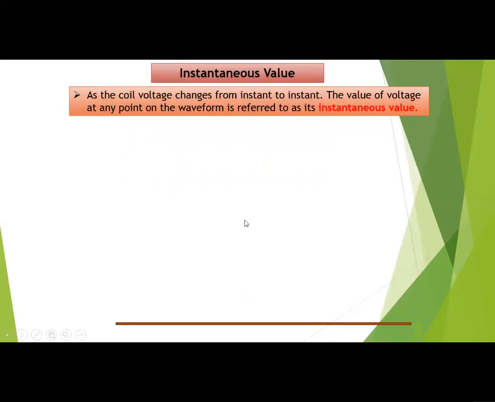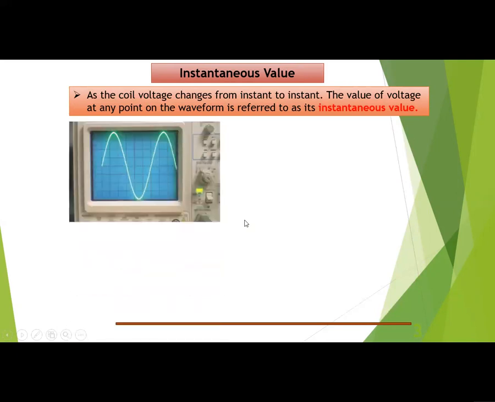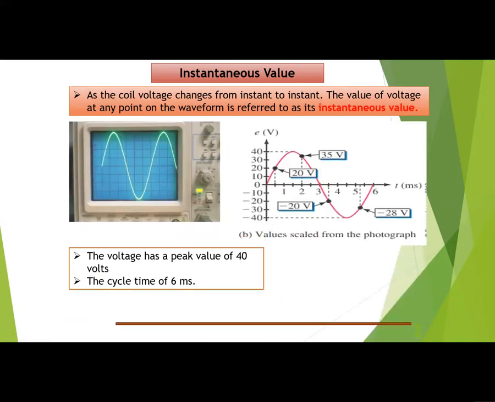Let's discuss instantaneous values in this sinusoidal waveform at a particular instant. It varies from time to time. It completes one cycle. While voltage changes from instant to instant, the value of voltage at any point on the waveform is referred to as the instantaneous value.